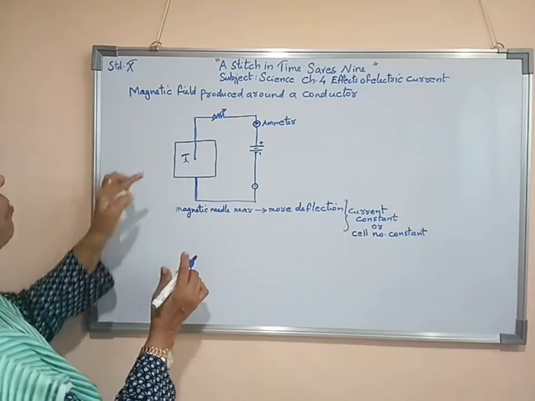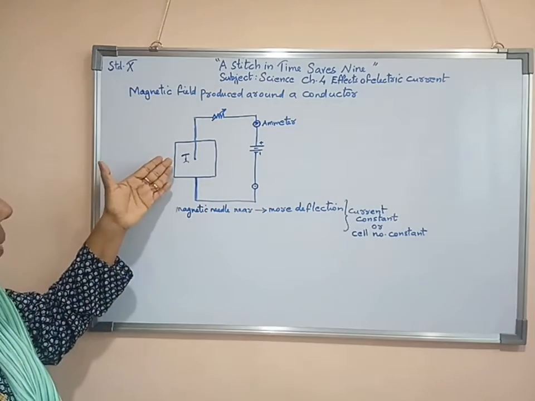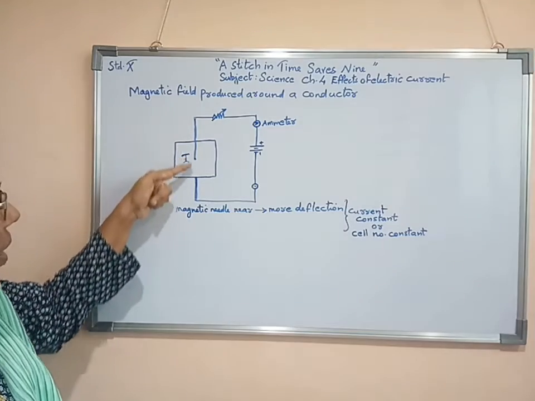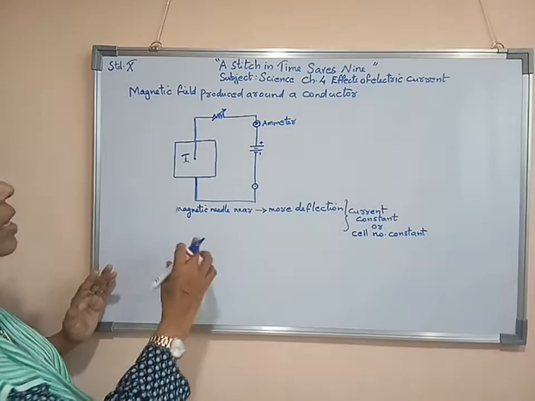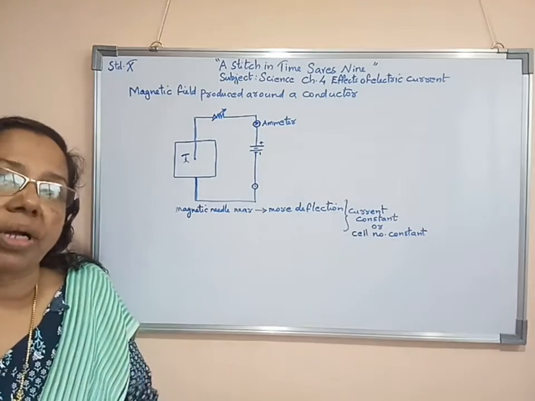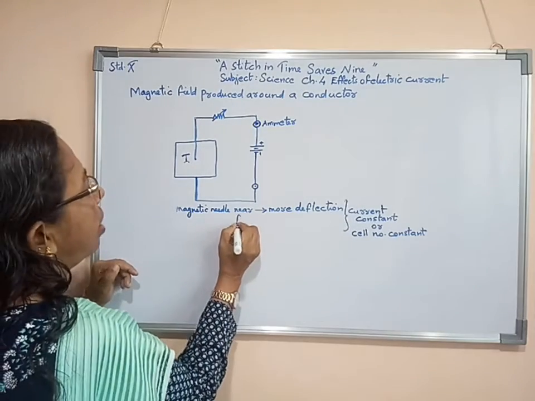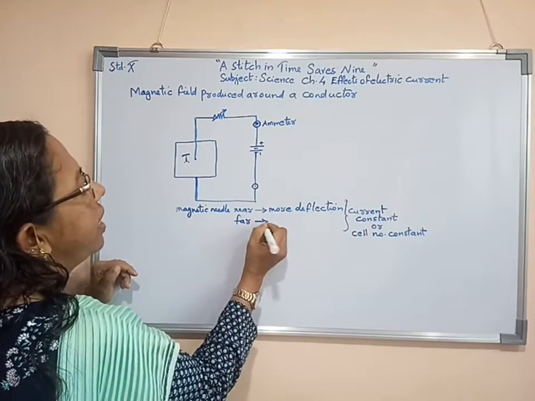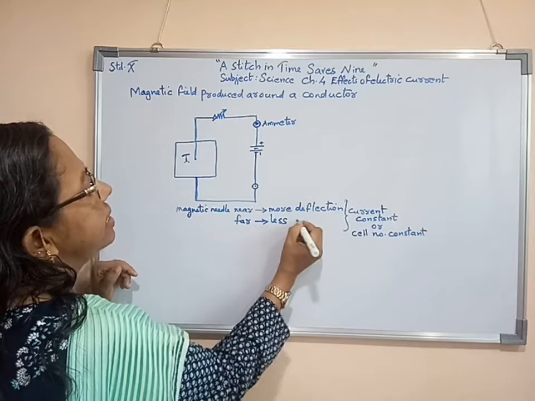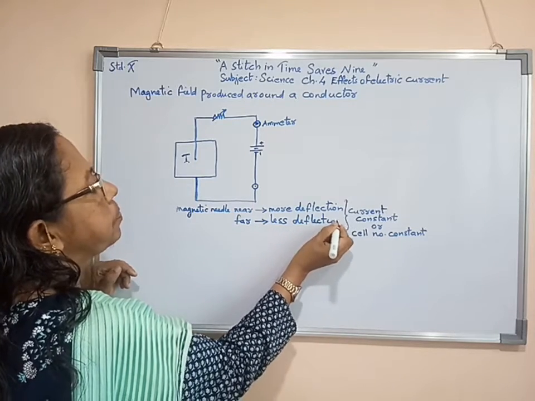Now we are doing only one work, moving the magnetic needle. If we keep the magnetic needle near the current flowing conductor, you can find that the magnetic needle shows more deflection. If we keep it far, you can find that there will be less deflection on the magnetic needle.